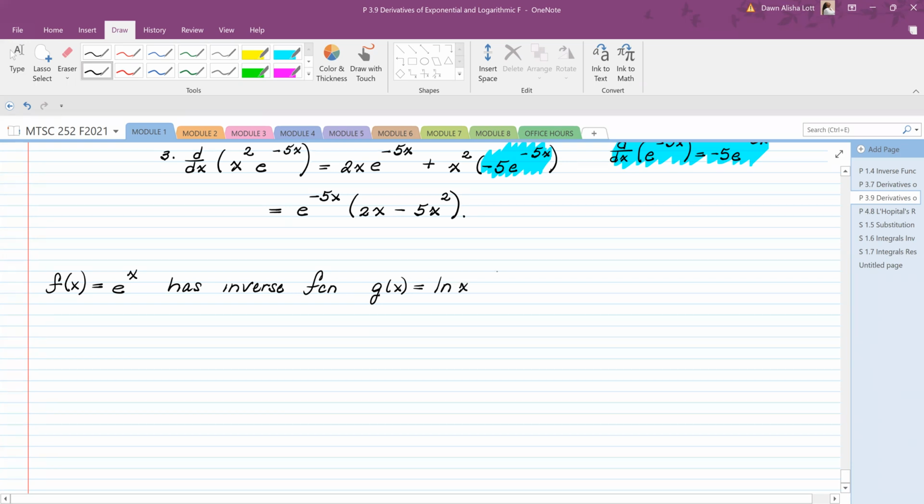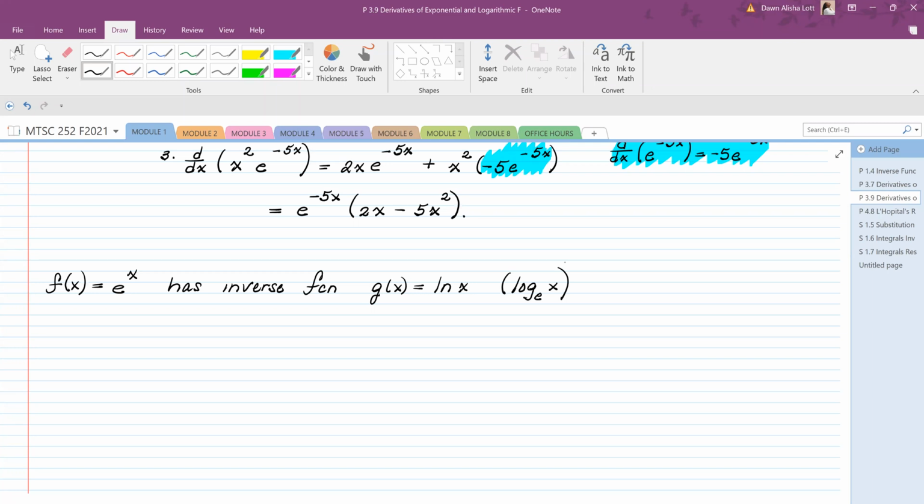The natural log of x truly means logarithm, but using base e, and this is the notation that we use. So whenever you see ln of x, the base of the logarithm is e.